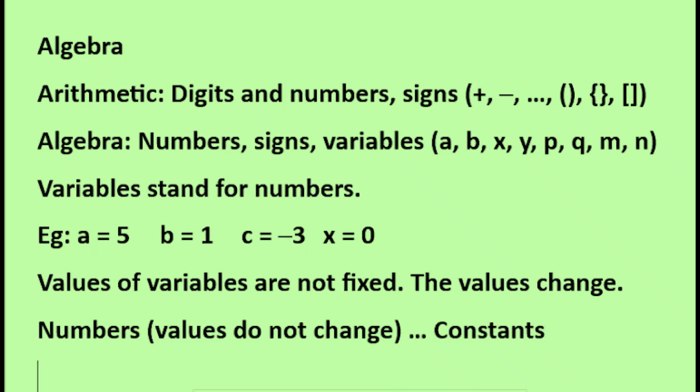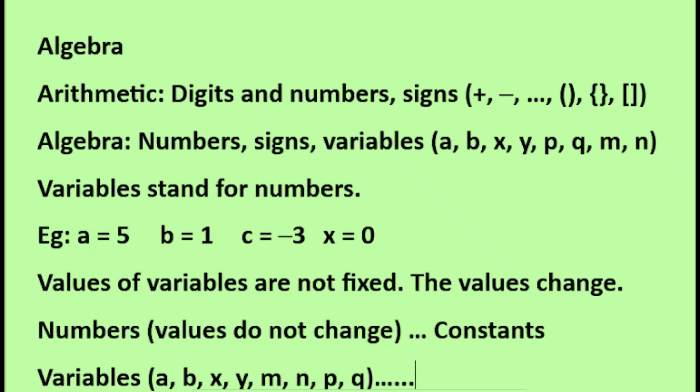And these alphabet variables like A, B, C, D, X, Y, M, N, P, their values will change. So they are called variables.